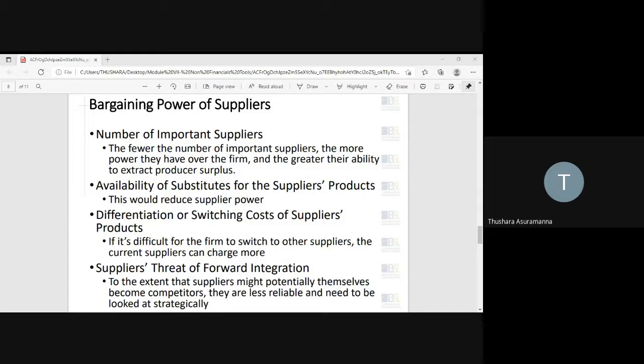First one, number of important suppliers, right? How many suppliers, and their importance to your business. Fewer important suppliers means more power they have over the firm, and greater their ability to extract surplus. What does it mean? Let's say you have 2 or 3 key suppliers.